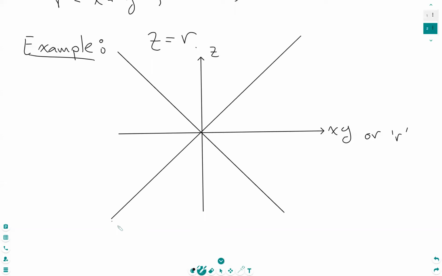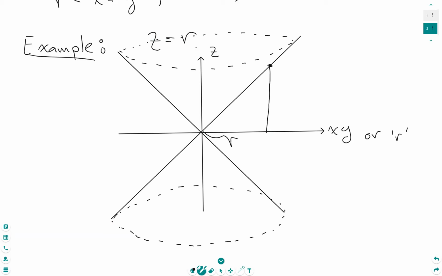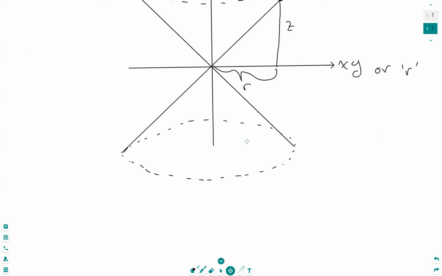And then this creates a cone. Where the elevation z is determined by the length of r. So these are equivalent. So just looking at this, this is z is equal to r, you should think about this cone.